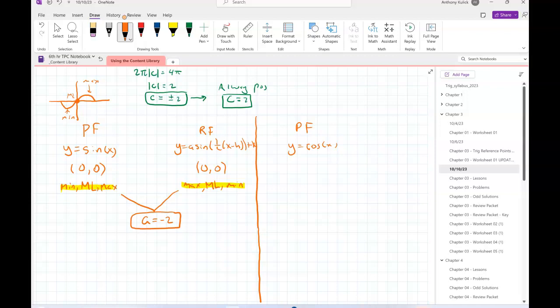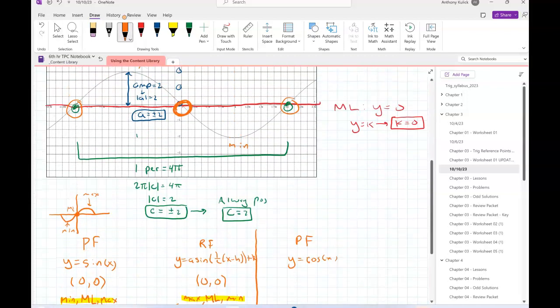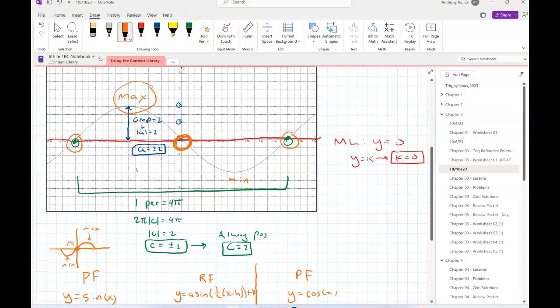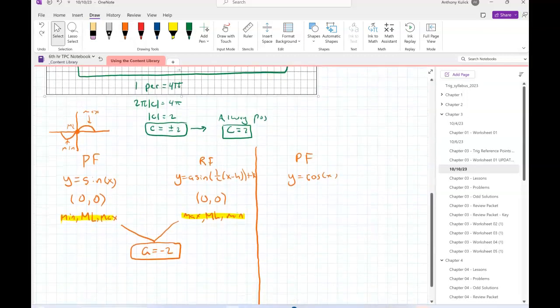On my picture, the midline point I picked at 0, 0 goes maximum, midline point, minimum, because those were the opposite order. That tells me that the sign for A is opposite. It's the negative. If they were the same, it would tell me that the A should be positive. Is everybody okay with that?